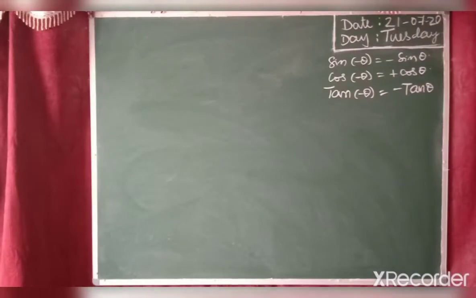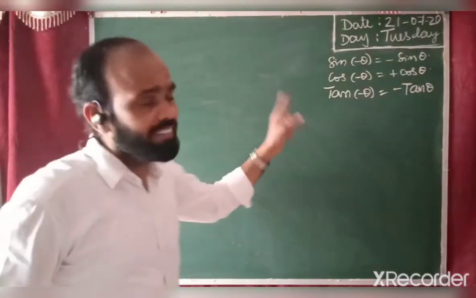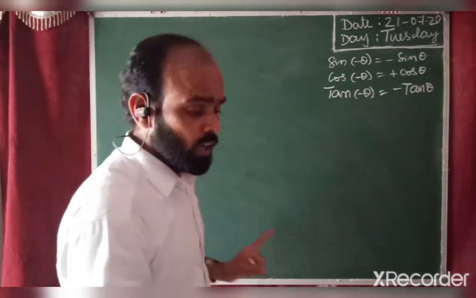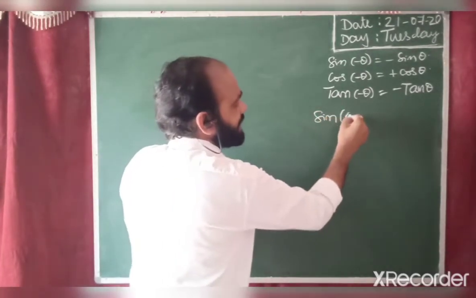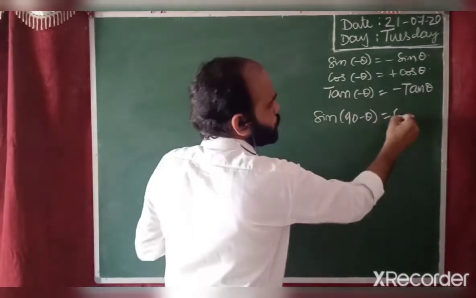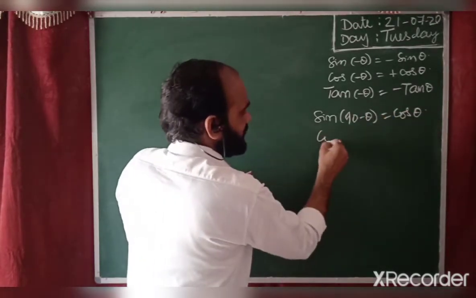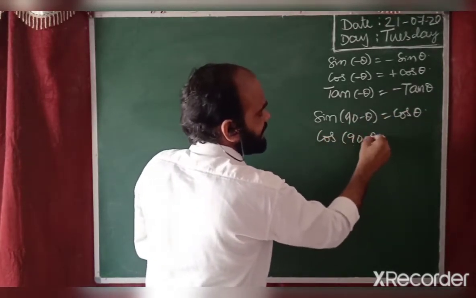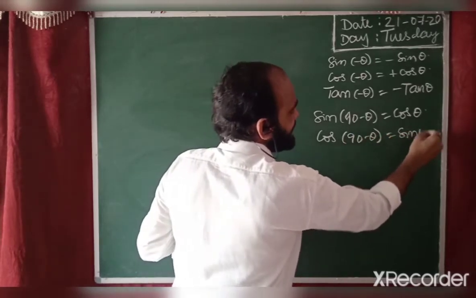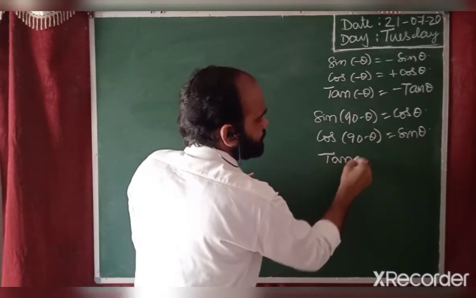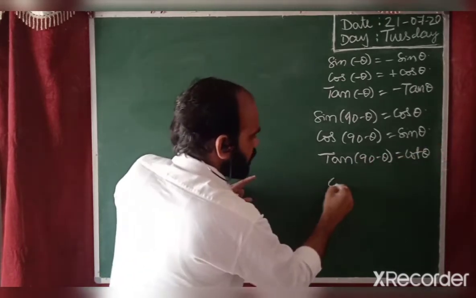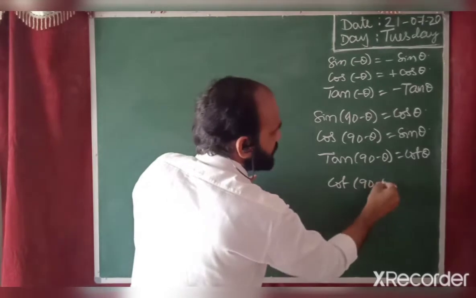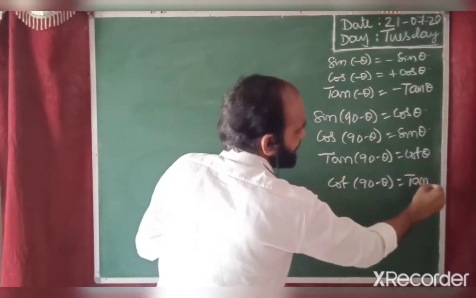Anyways, we can easily identify what the reciprocals are going to be as well. Further, when it comes to complementary angles, we know that sin of 90 minus theta is equal to cos theta. Similarly, cos of 90 minus theta is equal to sin theta, and tan of 90 minus theta is going to be cot theta, and cot of 90 minus theta is going to be tan theta.